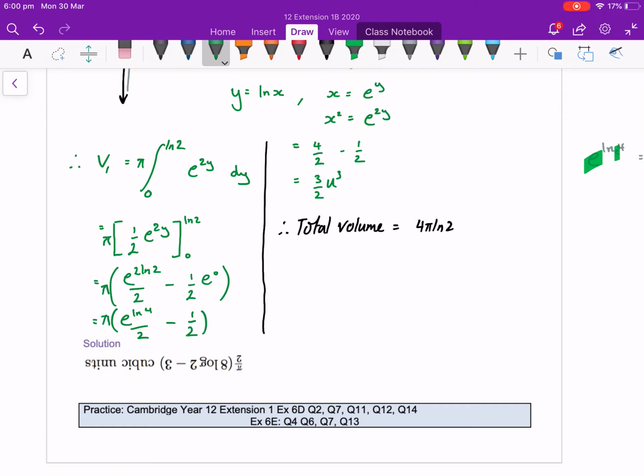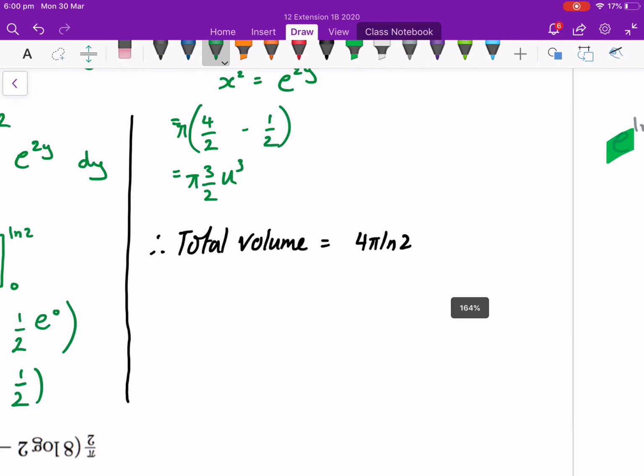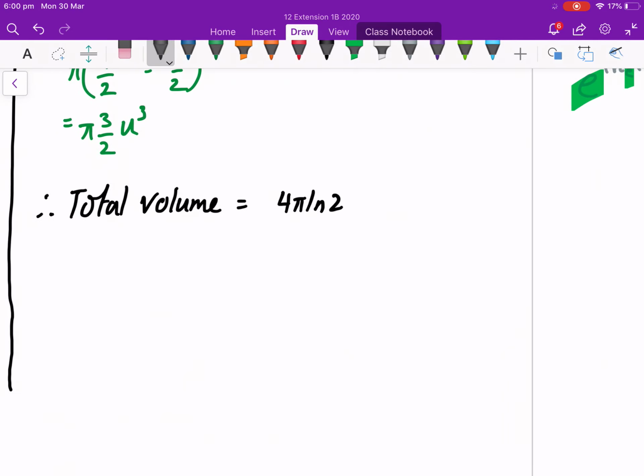Apologies for that, often overlooked. So the total volume is the volume of the cylinder, 4 pi ln2, minus the volume of the region between the curve and the y-axis, which is what we just worked out, 3 pi on 2. And then from here we can take out pi as a common factor.